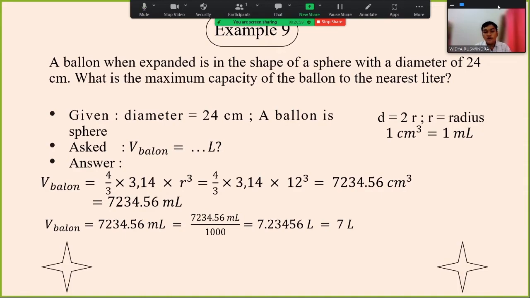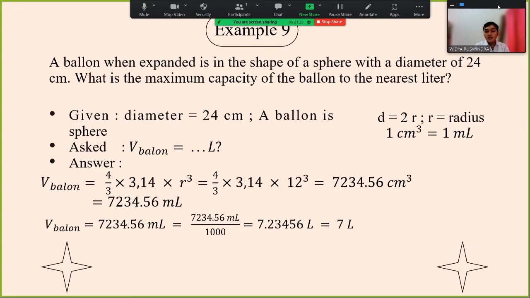This equals 4 over 3 times 3.14 times 12 cubed, which is the same as 4 over 3 times 3.14 times 12 times 12 times 12 equals 7,234.56 cubic centimeters.